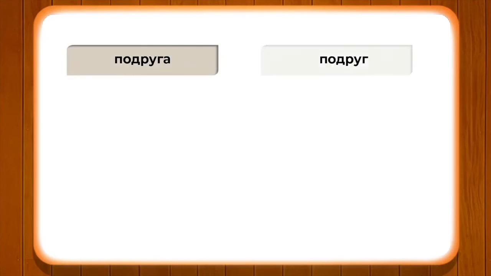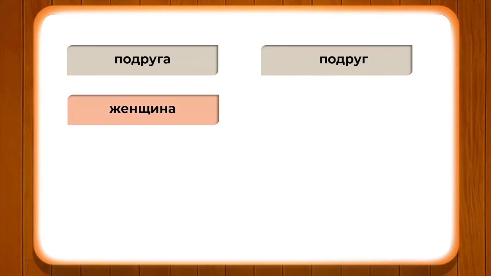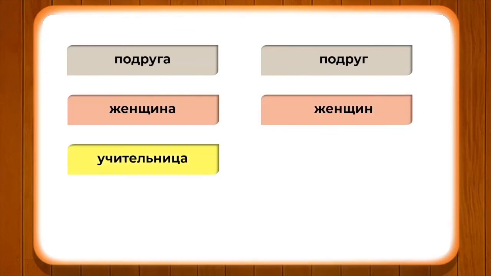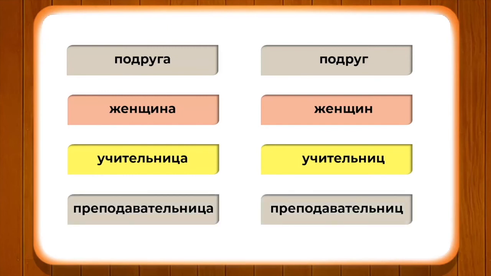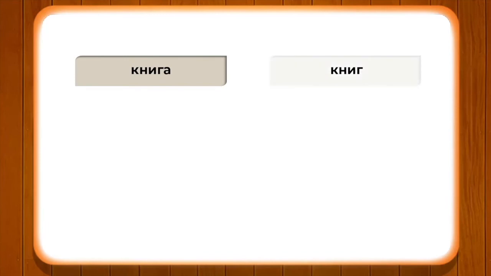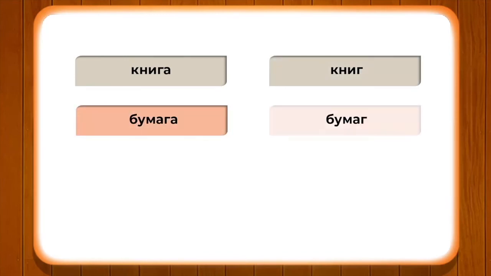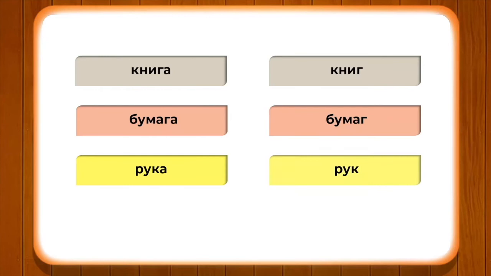Подруга changes into подруг, женщина changes into женщин, учительница changes into учительниц, преподавательница changes into преподавательниц, книга changes into книг, бумага changes into бумаг, рука changes into рук. There are certain changes you can see. Some examples like книга, бумага are inanimate, and the rest of the nouns you have learned here are animate.